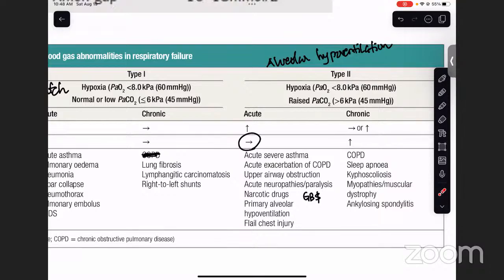In type 1 respiratory failure, PaO2 is reduced, and PaCO2 is low or normal. In type 2 respiratory failure, PaO2 is reduced, PaCO2 is raised. In a clinical scenario, you can see the PaCO2 level and PaO2 level. If PaCO2 is raised, you need to know the pathological causes of type 2 respiratory failure.